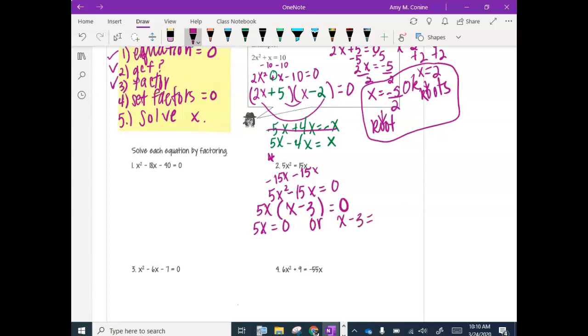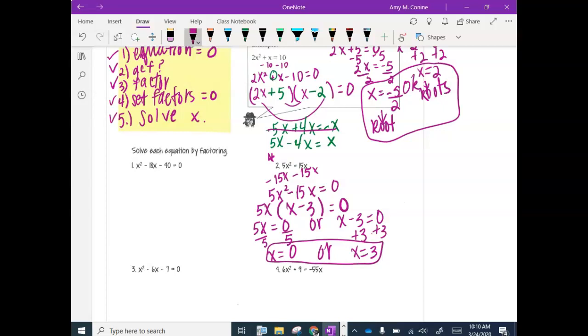They are both solutions, but you can have either one of them. And then I'm going to solve for x. So I'm going to divide over. So one of my solutions is 0, and then for x minus 3, I'll just add over. So I should have solutions at x equals 0 or at x equals 3.